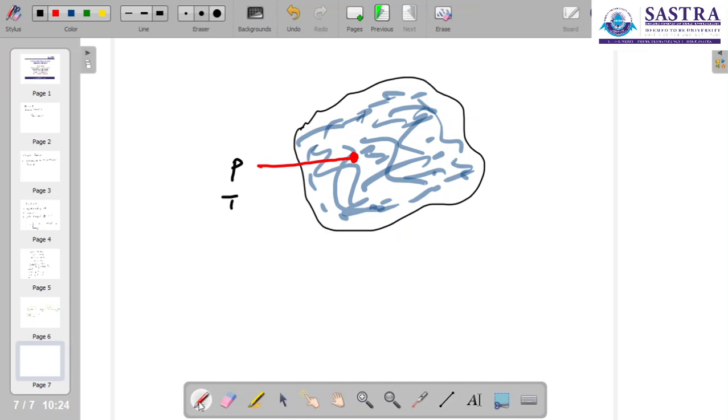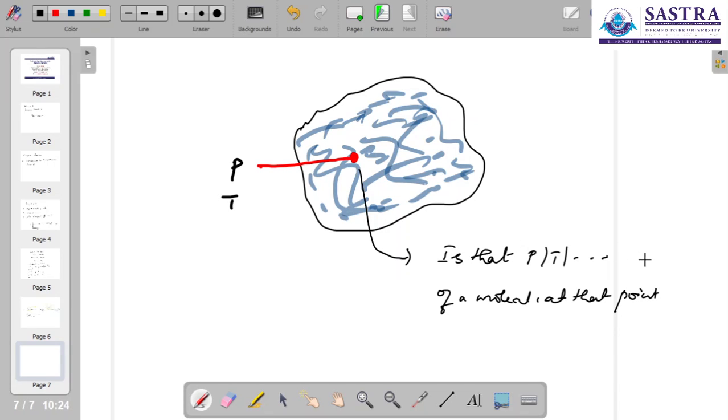Now if we ask the question, what are we really measuring at this point? Is it the pressure or temperature or any such quantity of a molecule at that point?